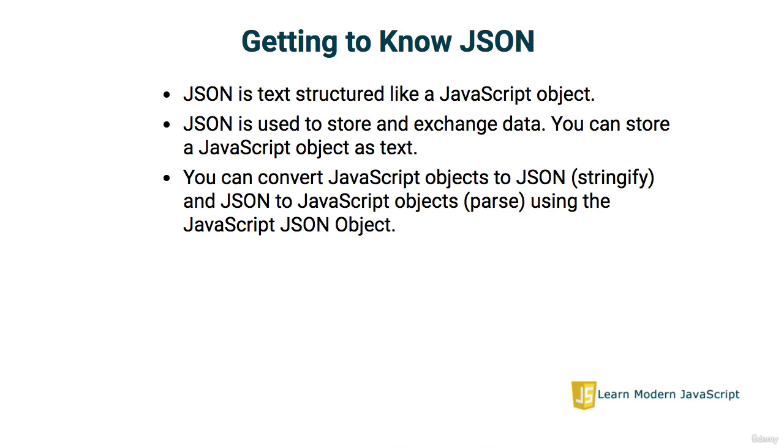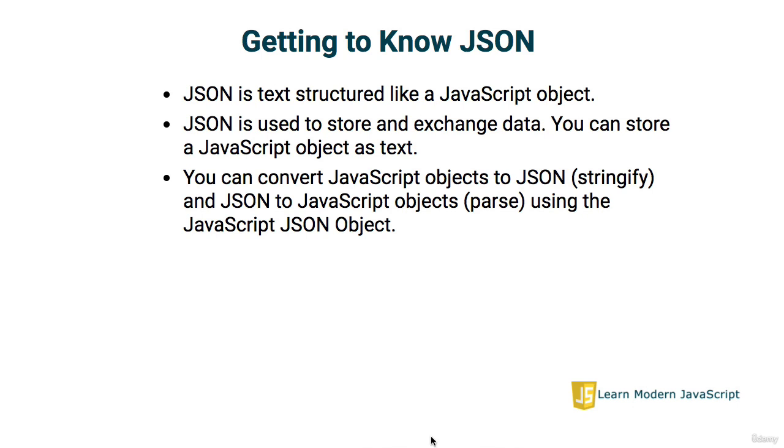Now, you know about the date object in JavaScript and the math object in JavaScript. Well, another object that is available is the JSON object, and it contains the methods stringify and parse, which allow us to move between the JSON format and a JavaScript object.